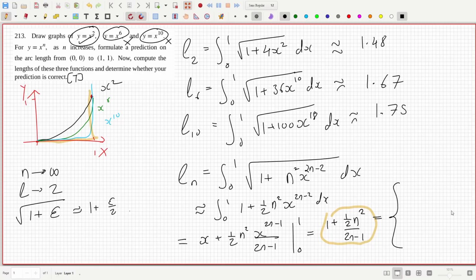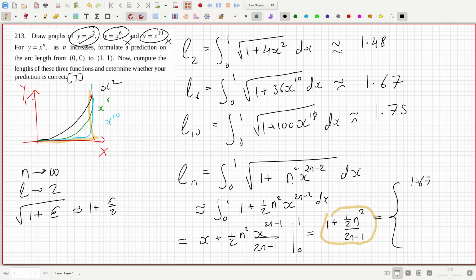The first one was 1.67. So that's kind of close. Let's see what the next one would have been. N is 6. So that's 6 squared over 2 times 6. No, so the approximation isn't great because it goes beyond 2 at this point.